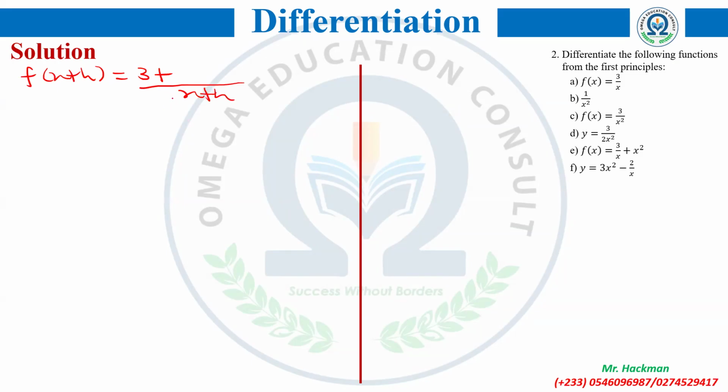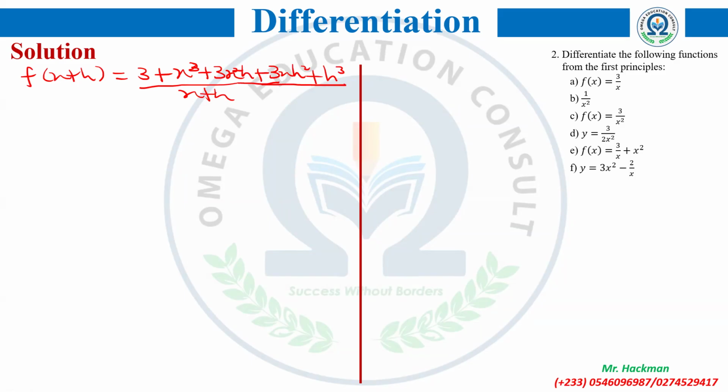Your numerator, (x plus h) cubed, will give you x cubed plus 3x squared h plus 3xh squared plus h cubed. Do you agree?